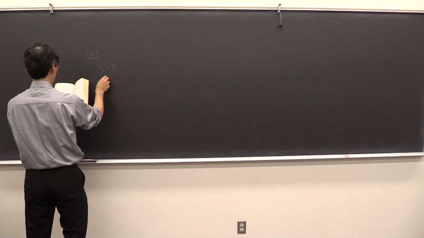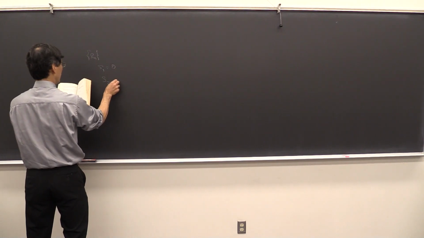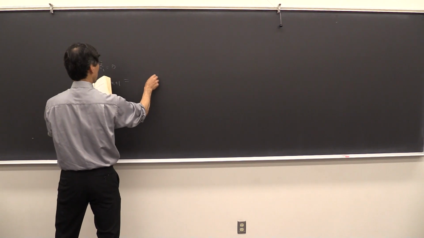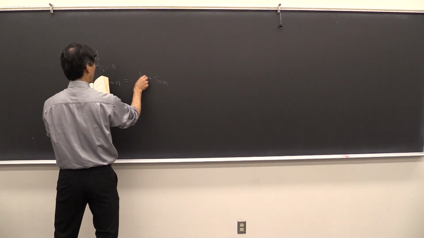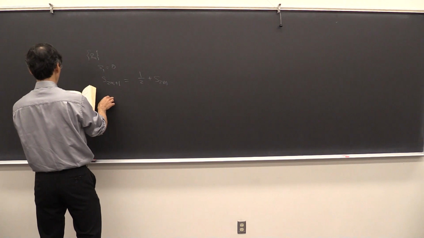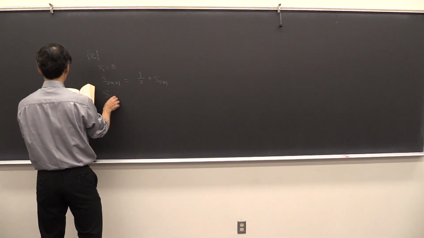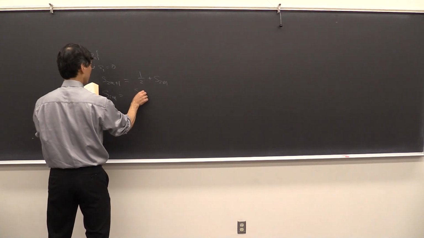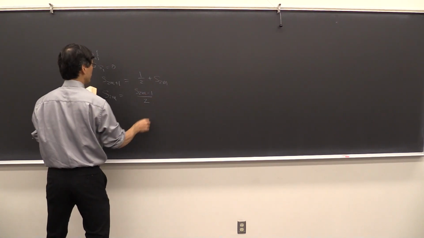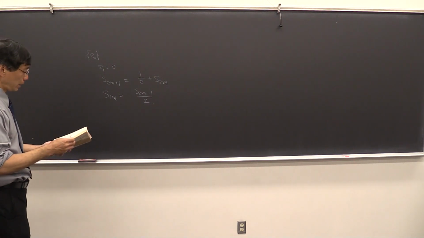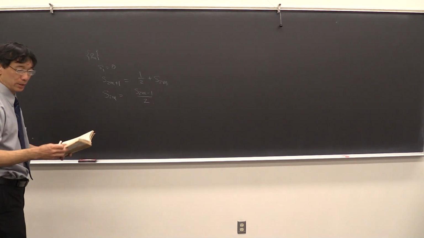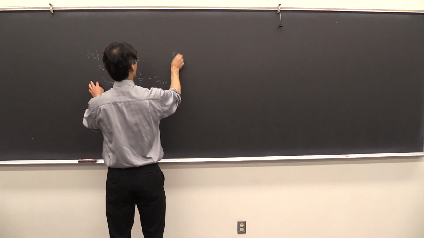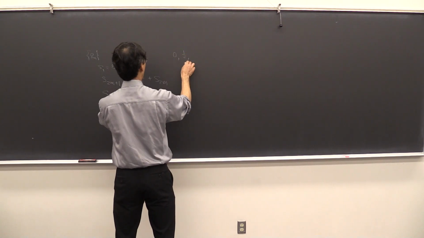S of 2m plus 1: the odd guys, you take the previous guy and you add on a half.